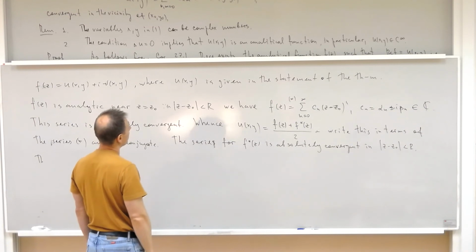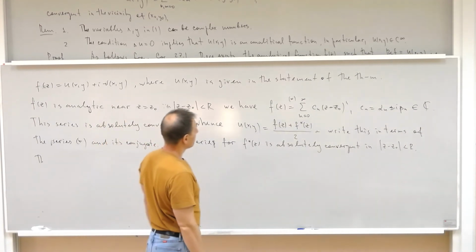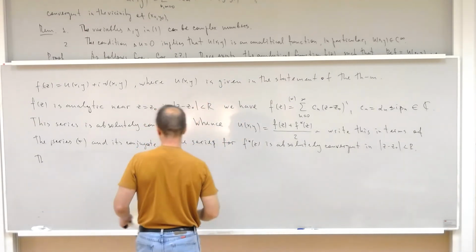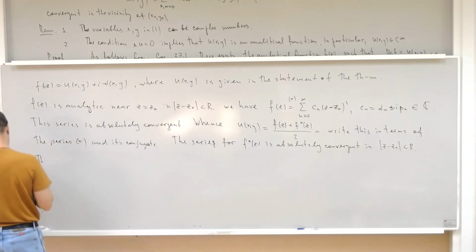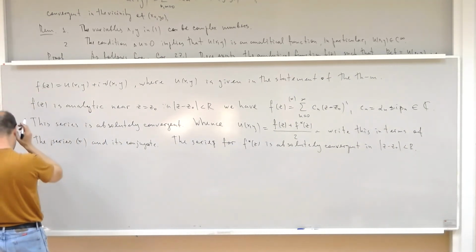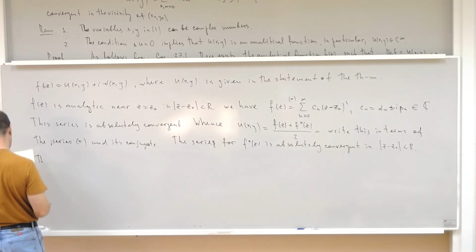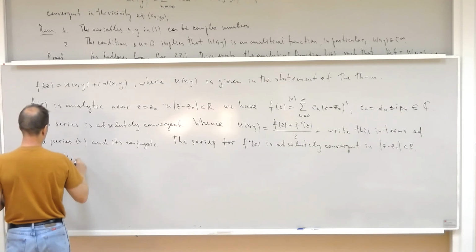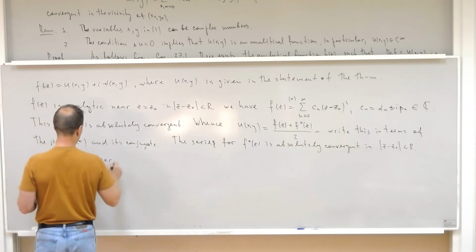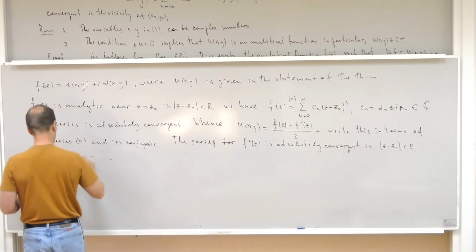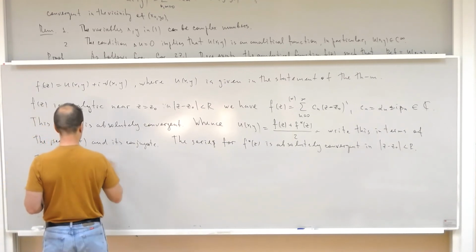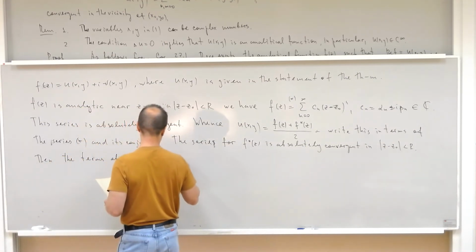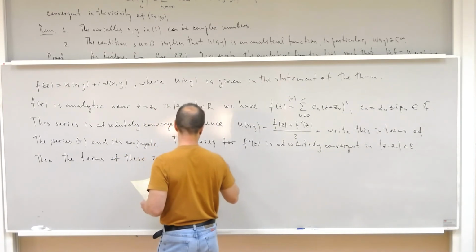In fact, we can rewrite this series in the form given in the theorem, where one substitutes the explicit expression for c_n and the explicit expression for z and z0 in terms of x and y, and then collecting all the terms together at the same powers of x minus x0 and y minus y0, one will have the series of such a function.